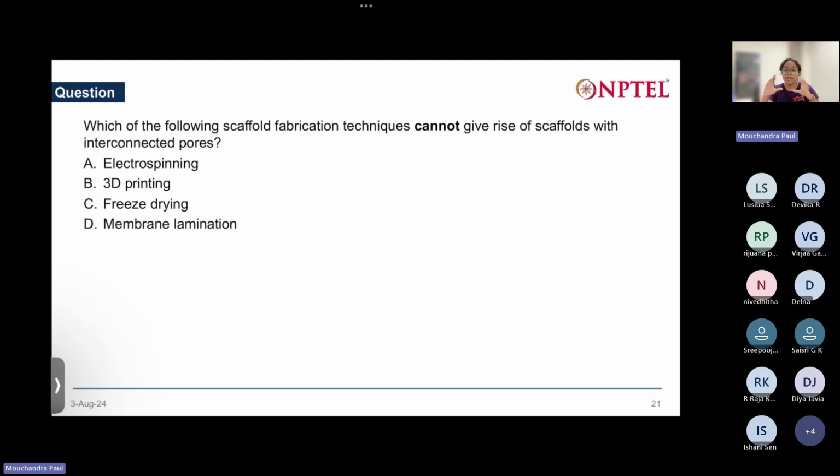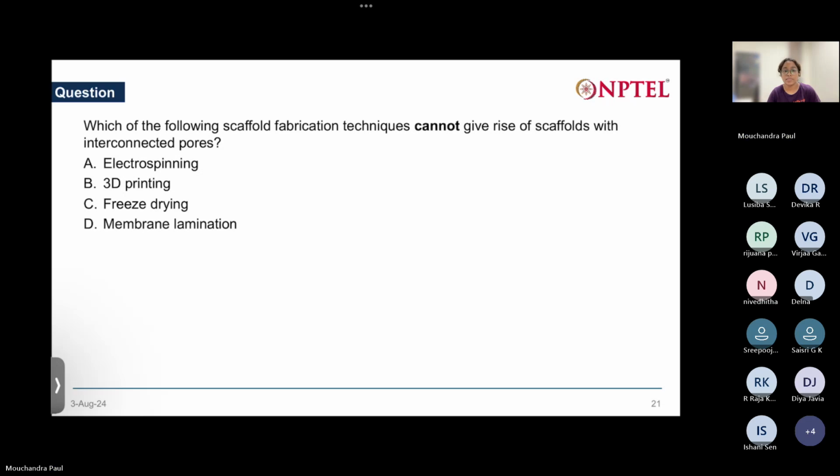You have to optimize your electrospinning parameters in order to get fibers of desired diameter, and ultimately you will be able to use it for tissue engineering applications. This is called electrospinning. In presence of an electric field of some magnitude, you are creating fibers.